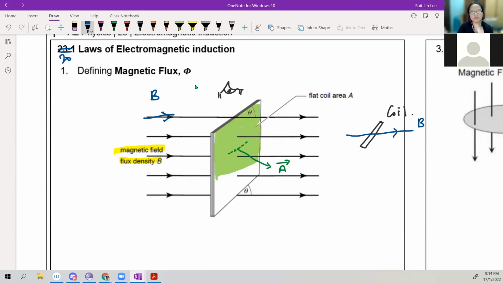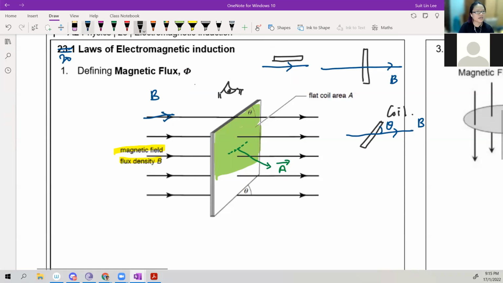Right now the angle that I have here is theta. Of course, if I want maximum penetration, I will have the magnetic field going in this way. If I have zero penetration, then the magnetic field will go like this. Or rather, maybe I rotate the coil. Keep the magnetic field like this, then the coil this way.